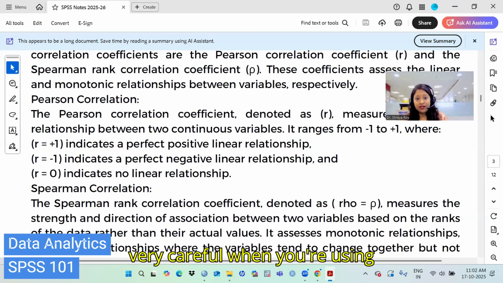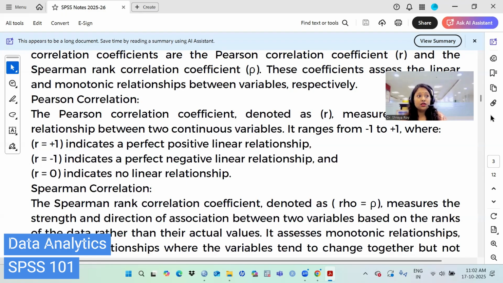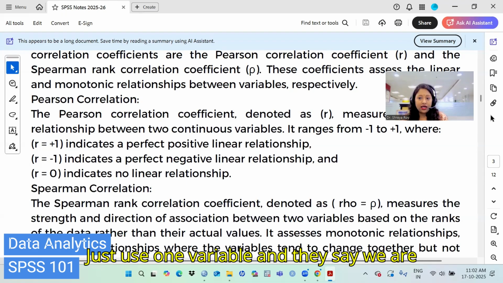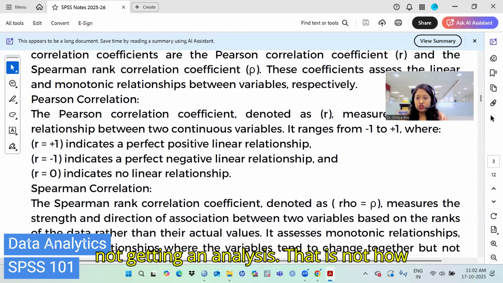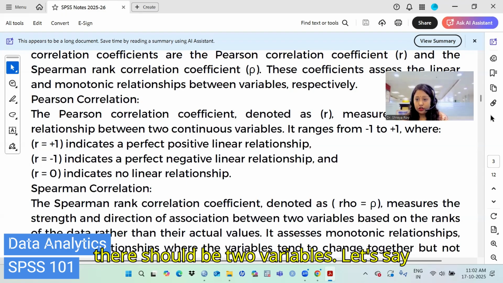Please be very careful when you're using correlation analysis, and I have spoken about this in our previous videos as well, that students just use one variable and they say we are not getting an analysis. That is not how it works. You need at least two variables for them to work. Okay, so there should be two variables.